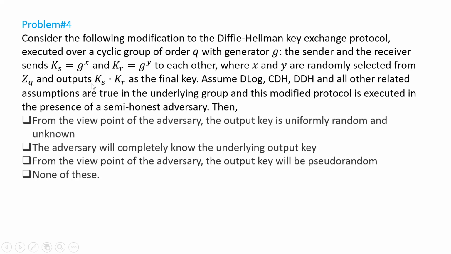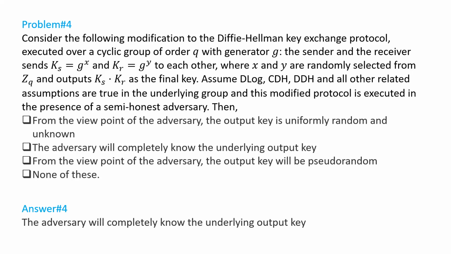Because Ks and Kr both are available to the adversary, and Ks into Kr is nothing but applying the group operation once between them. So that can be done in public. The final key can easily be known to the adversary by doing Ks into Kr. And the option that from the viewpoint of the adversary the output key will be pseudo-random is also meaningless. So the only correct option is that the adversary will completely know the underlying output key. Okay.